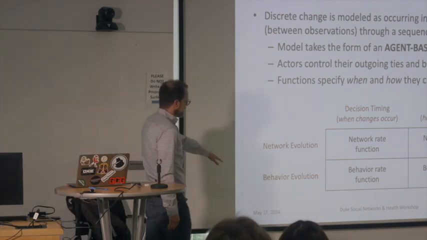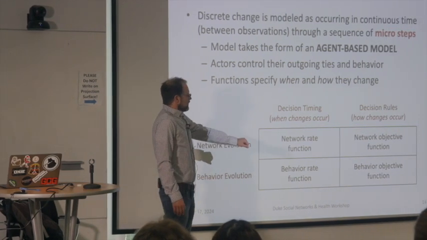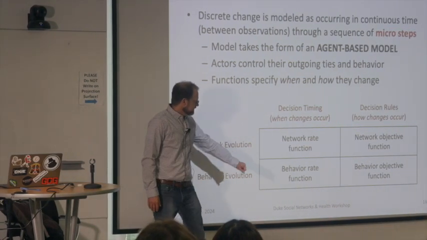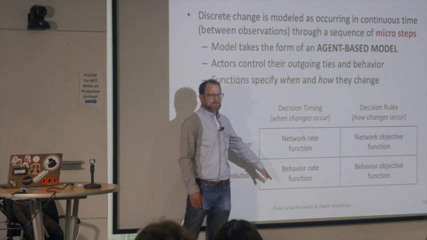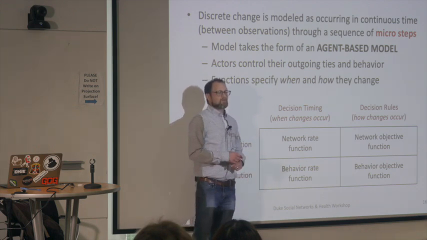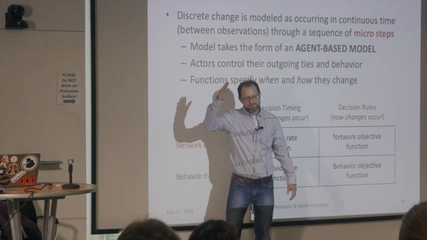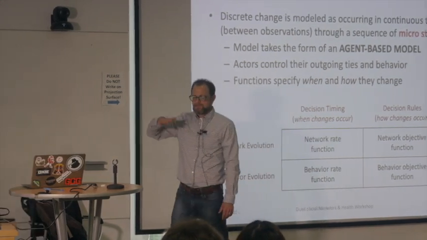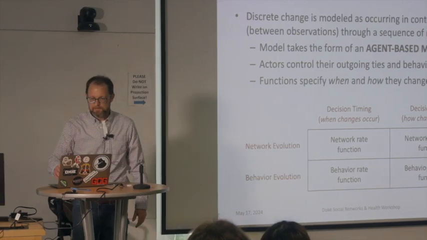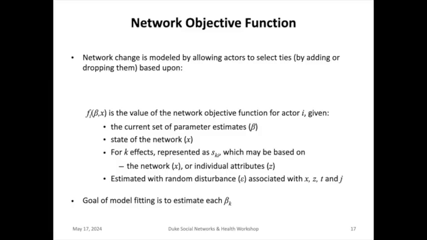Similarly, on the behavior change side, we've got a function that's how often do actors change their behavior. Okay, and then when an actor is chosen to change their behavior, what behavior do they choose? What level of a behavior do they choose? Okay, so the objective function looks like this. I'm not going to get too much into this.